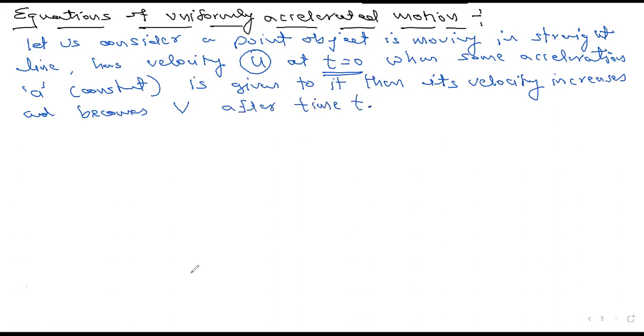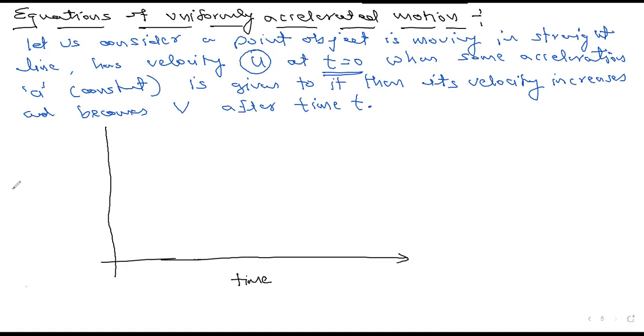अब मैं इसका ग्राफ अगर देखना चाहूं तो ग्राफ कैसे बनेगा? वेरी कॉन्शियसली आई एम प्लॉटिंग इट. This is x axis taken as time, y axis taken as velocity. This is velocity time graph, and it is said to you at time t equal to 0, the object was having the velocity u.